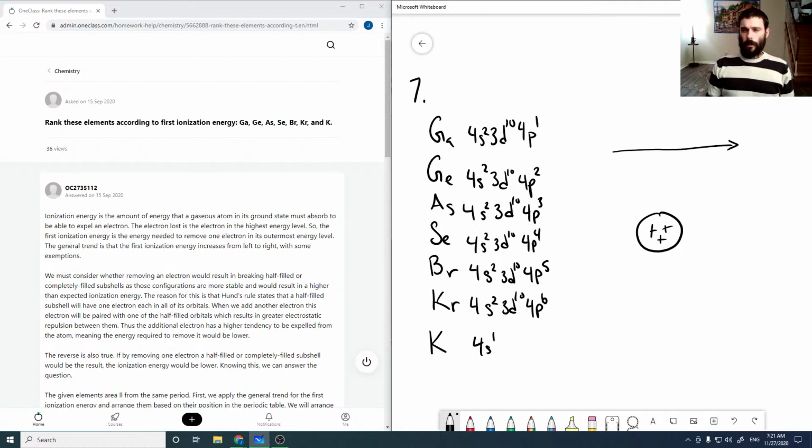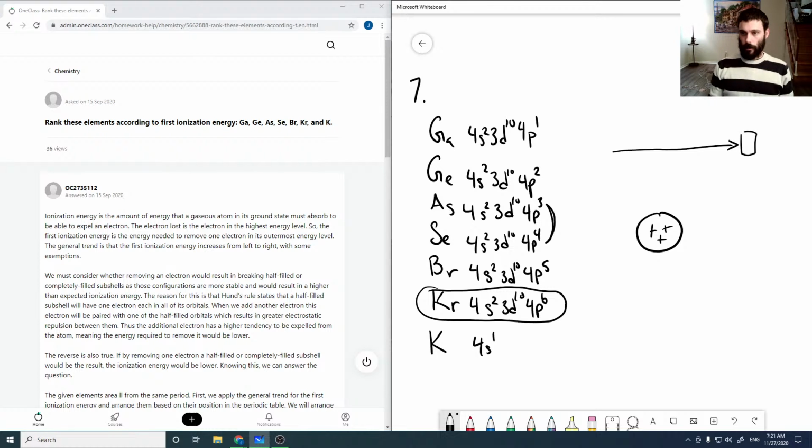The only thing that alters this is we get a little bit of stabilization for half-filled orbitals. So the only case this comes in is arsenic, and for filled orbitals, which is krypton. But of course, krypton is a noble gas, so it's on the far right of the periodic table, so it still kind of follows that trend.